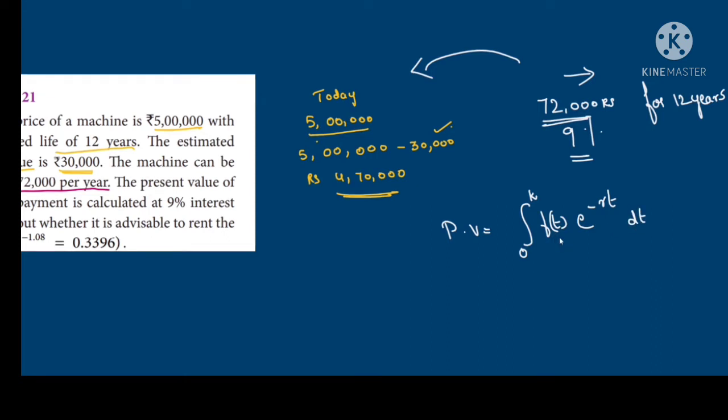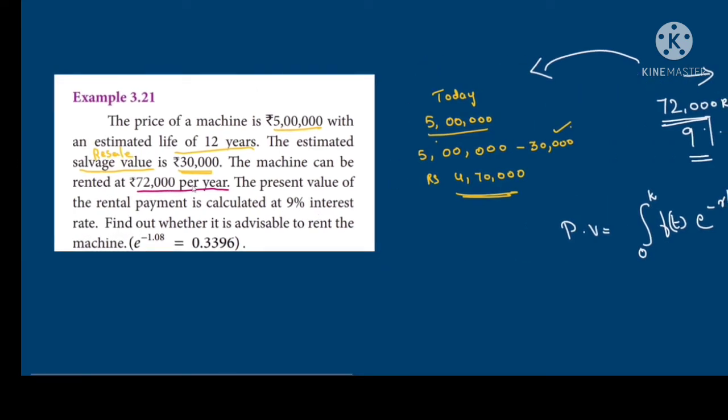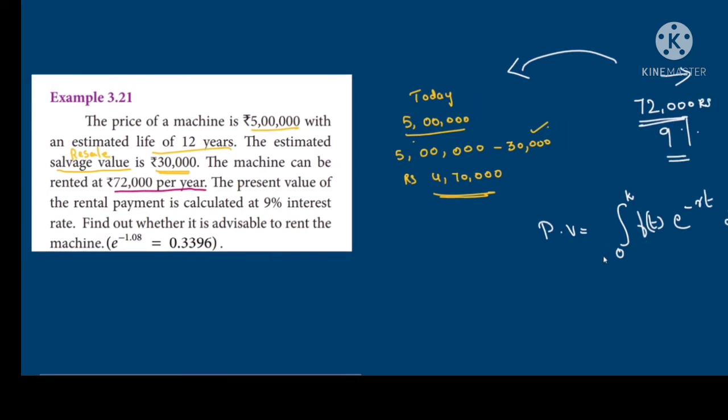Now f of t, in this case, is not given as a function of t, it is given as a constant. Sometimes it will be given as 72,000 t, or 72,000 into t square. Here it is just a constant, it is not changing. 72,000 per year is not changing with respect to year, so f of t is a constant here.